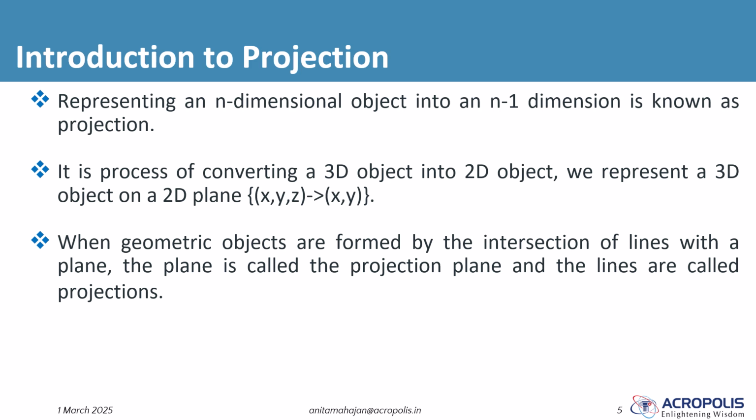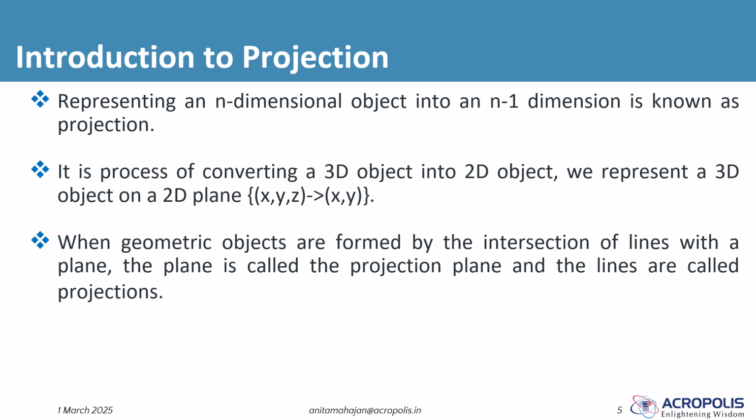What does projection mean? We can say that representing an n-dimensional object into an (n-1) dimension is known as projection. Here we also have the detailed definition of what projection is.